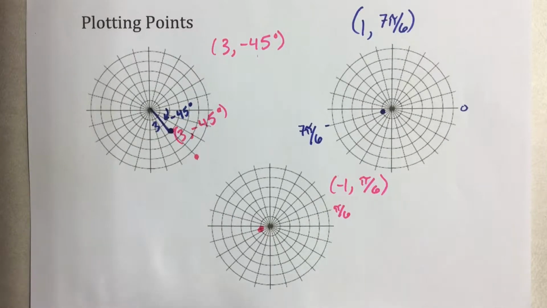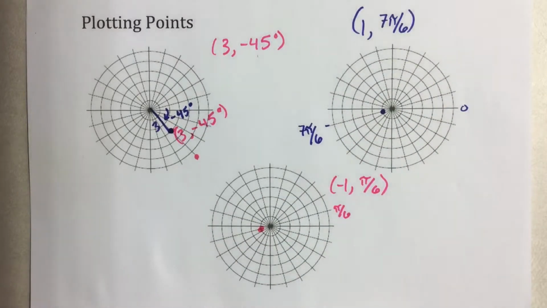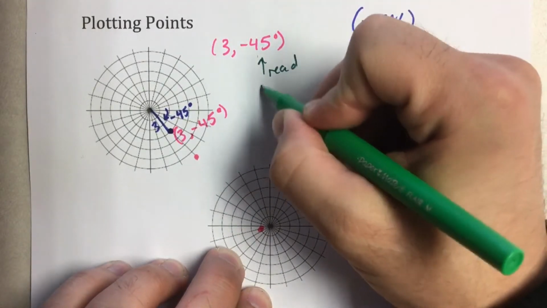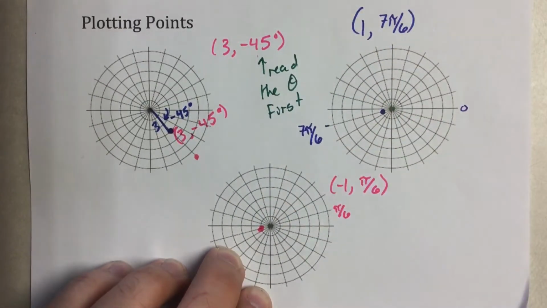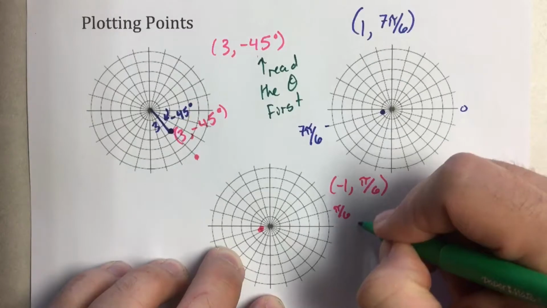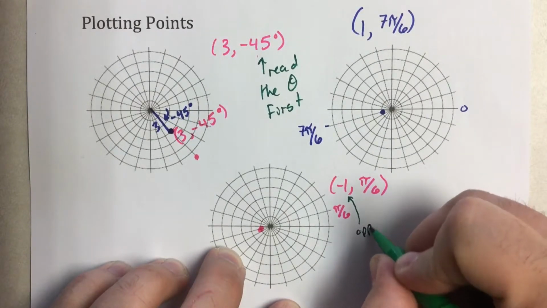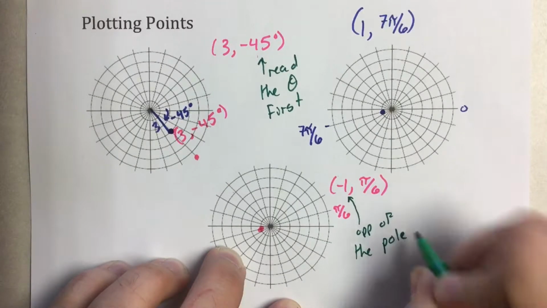So before we talk more about that, I'll make this little note here: when plotting points, read the angle first. Read the angle first. And when we have a direct distance that's negative, we go opposite of the origin, opposite of the pole.